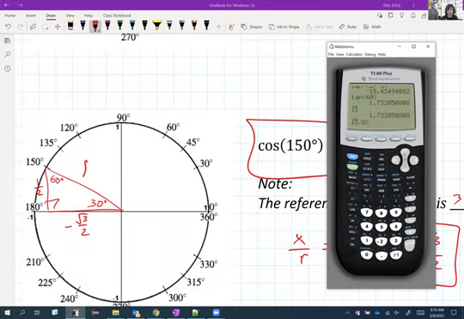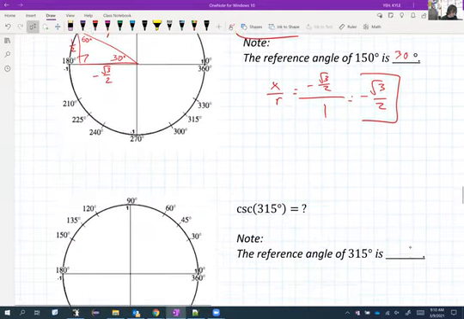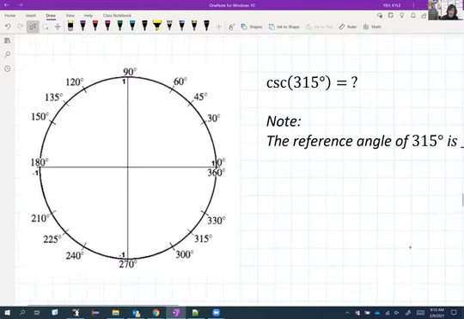Oops, I forgot to make that negative, so I'll do that real quick. Insert a negative. Negative root 3 over 2 is that. Is that what cosine 150 is? Yep, 100% we got this right. Again, from our special right triangles that we spent a whole lesson on, we added 13.0 in so that we would know it. Know those.